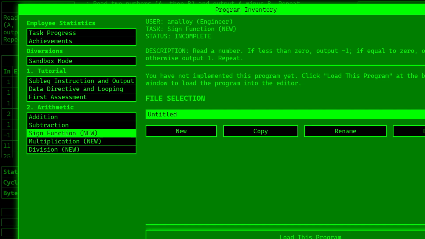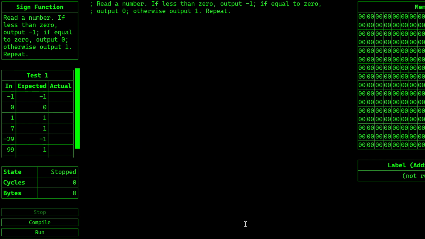So, sign. If it's negative, output a -1. If it's 0, output a 0. Okay, so we're implementing sign. One thing I could do: let's say loop. We're probably gonna need that.